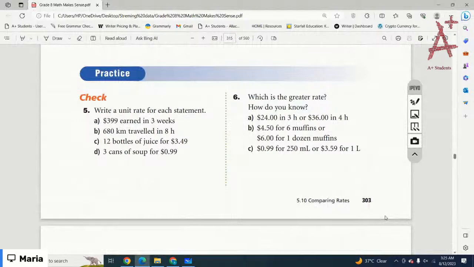Okay, for question number 6, which is the greater rate? 24 in 3 hours or 36 in 4 hours? So which is greater? Just divide them and calculate. Let's do question number 6a.